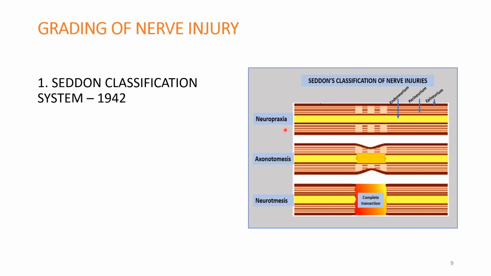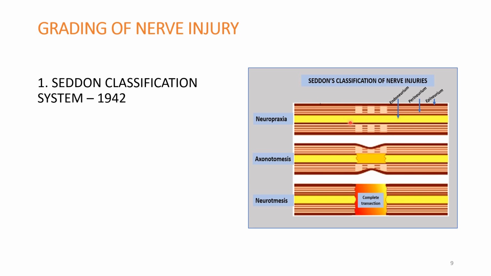What is neuropraxia? See here, this is endoneurium, this is perineurium and this is epineurium. What happens in neuropraxia? It is just a conduction block. So only the nerve conduction is blocked.